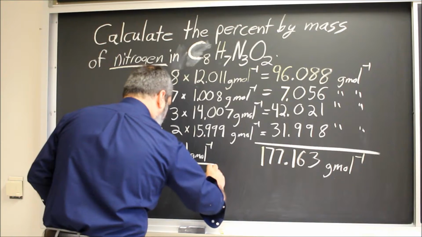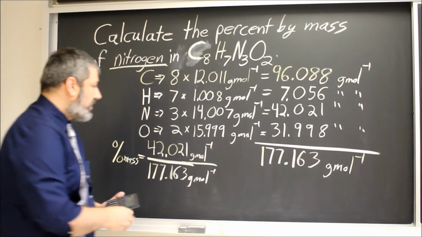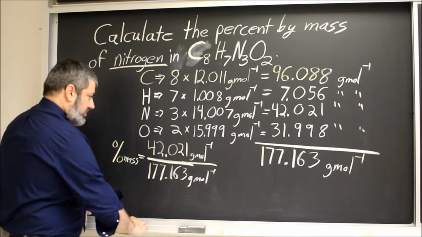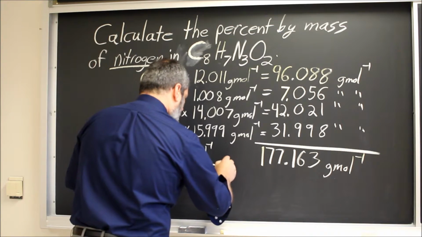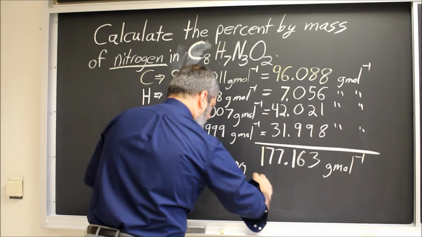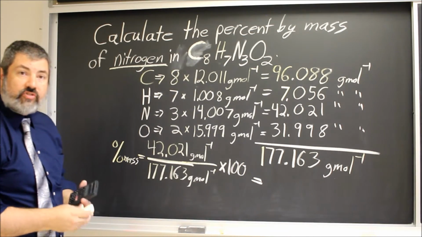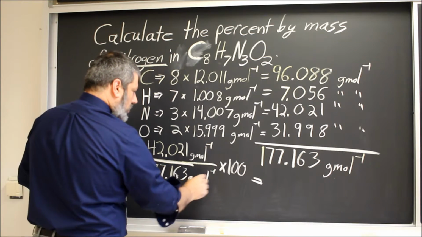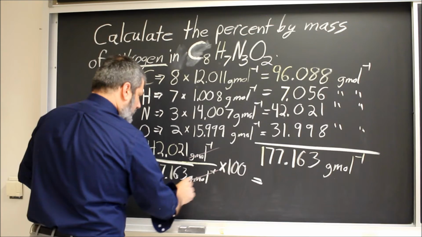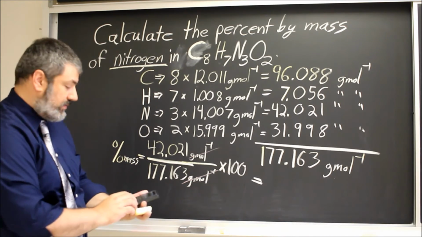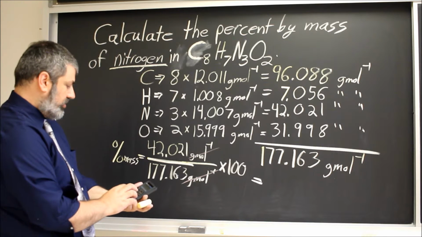And I went ahead and put my units in just to make a point. Percentages, oops, not quite done, times 100. Make this into a percentage. Percentages are dimensionless values. Grams per mole, grams per mole. So that cancels, so there's no unit of measure. And that, again, is consistent with a percentage.